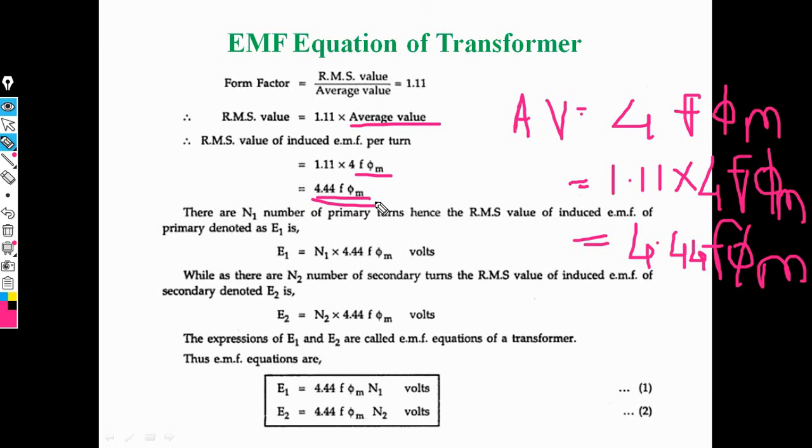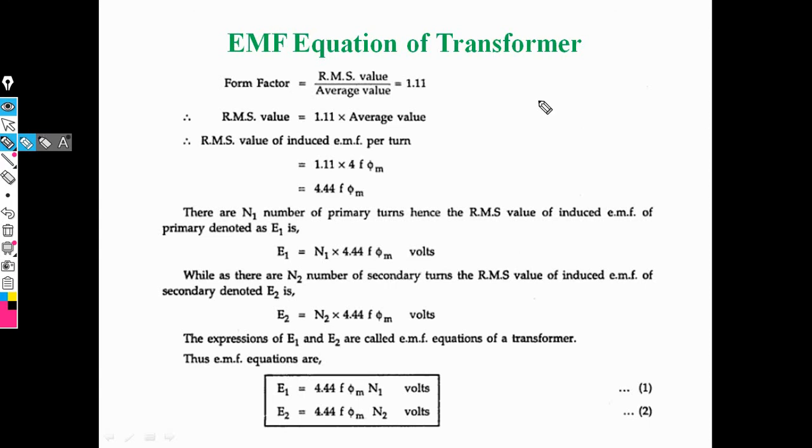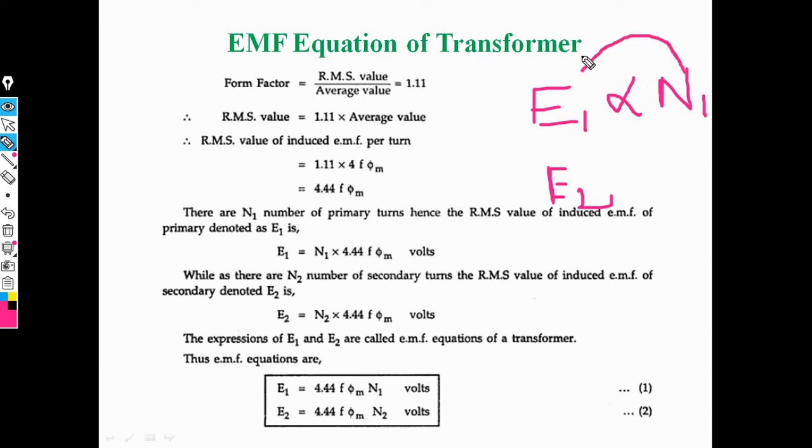Okay, and this RMS value will depend on the number of turns of the primary winding. In the EMF equation we have to calculate both values, that is E1 and E2. E1, the induced EMF, is directly proportional to the number of turns, which means the number of turns will generate the induced EMF.